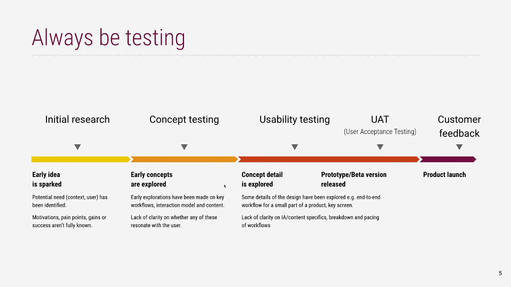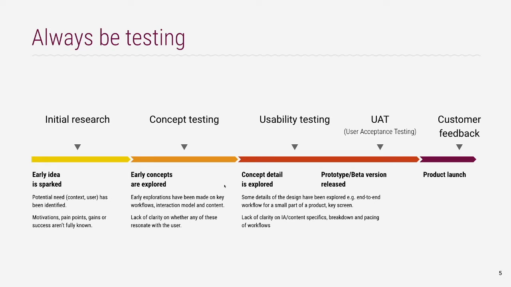You do your initial research and an early idea emerges, sort of like a potential need, a context or a user or some technology that you believe can be used to fulfill a hole. From that, you do your user research and you move into exploring early concepts. And that's where you need to do your concept testing, which I was talking about as one of the major kinds of testing just a second ago. That's your early exploration of what is a good direction to take.